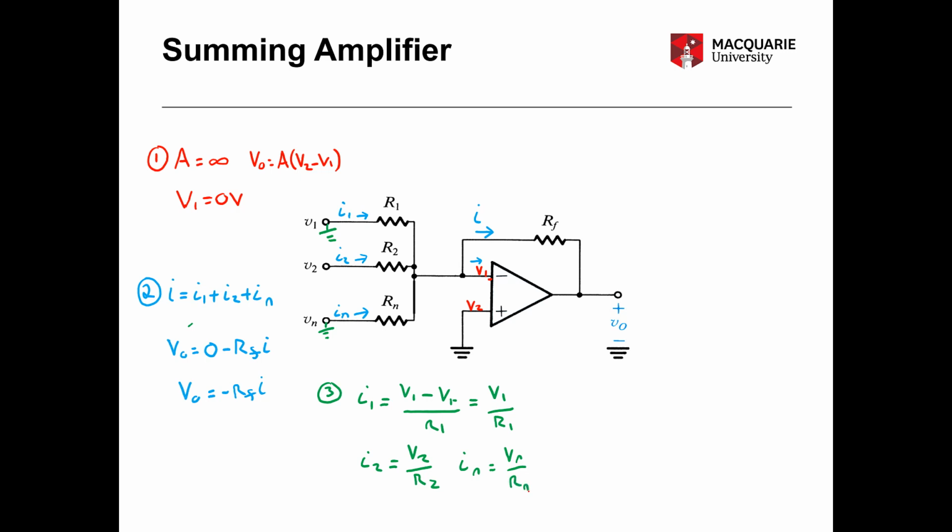So when we combine this with the fact that we already know that our total I is equal to I1 plus I2 plus In, then we can easily work out our output voltage as Vout equals minus RF I, which equals minus RF times V1 over R1 plus V2 over R2 plus Vn over Rn.